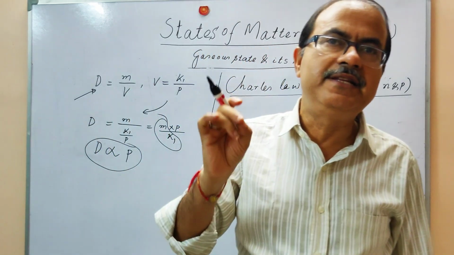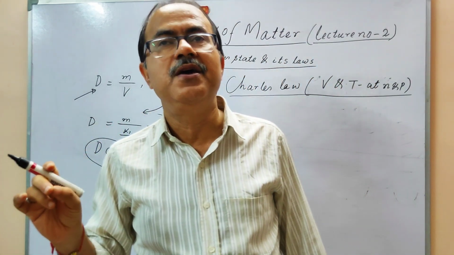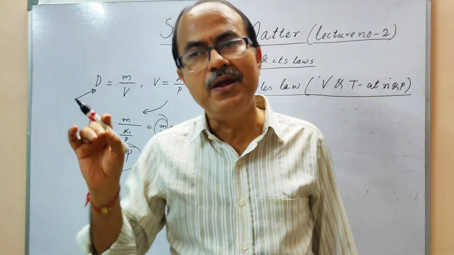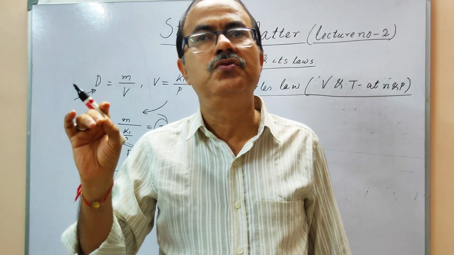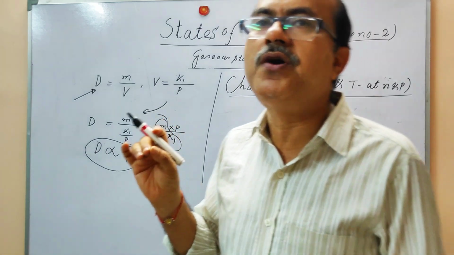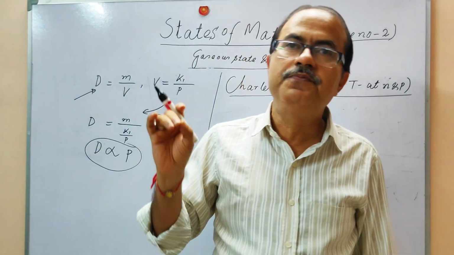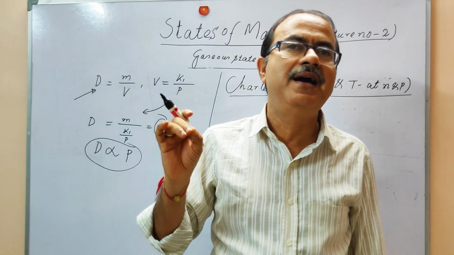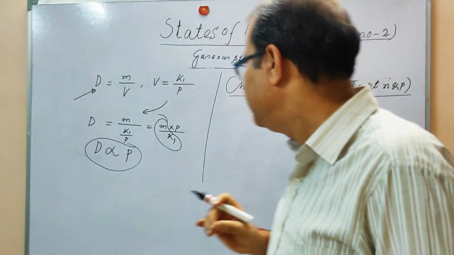A 1 degree Celsius increase or decrease of the temperature will increase or decrease the volume by 1 by 273.15 of the original volume, that is the volume at 0 degree Celsius.